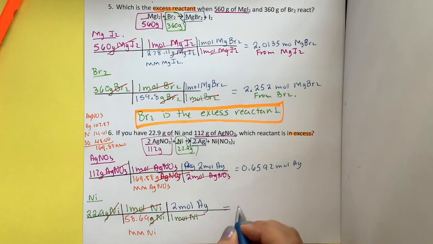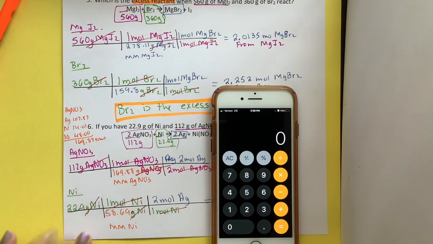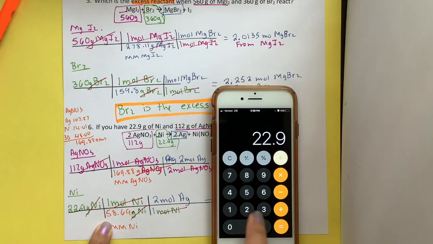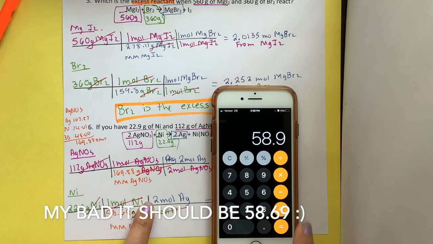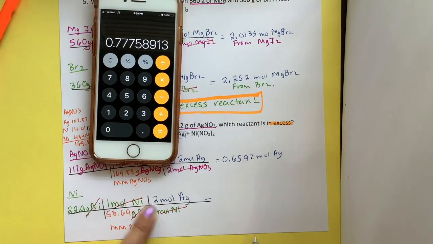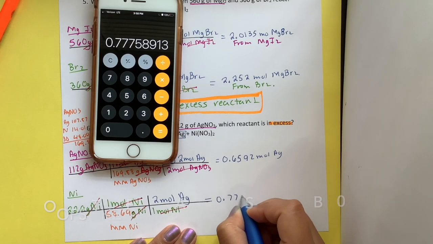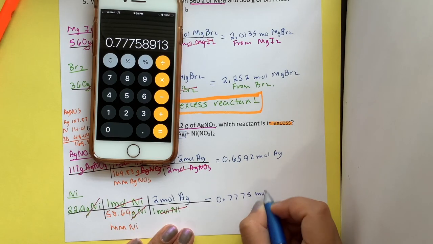So now I'm going to get my calculator. I'm going to get 22.9 divided by 58.69, since the 2 is on the top, times 2. And that gives me 0.7796 moles of Ag.